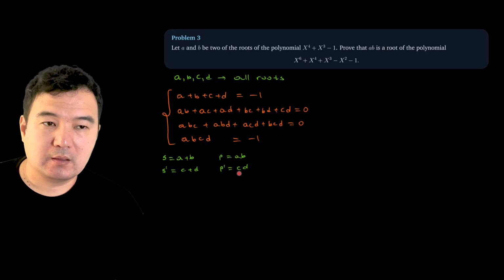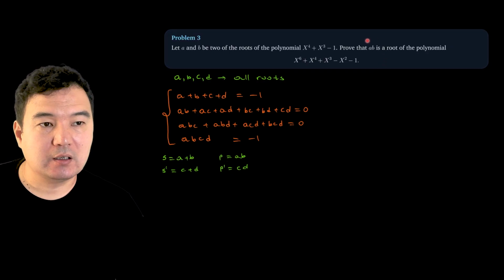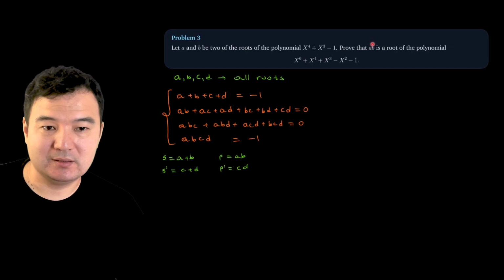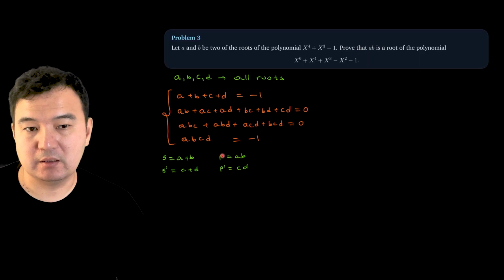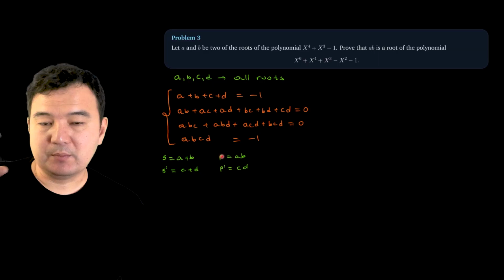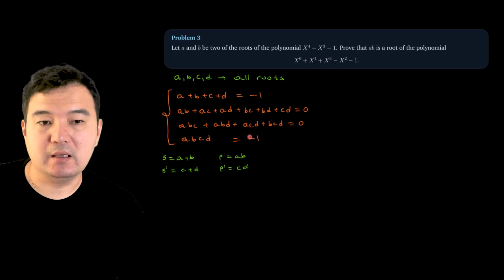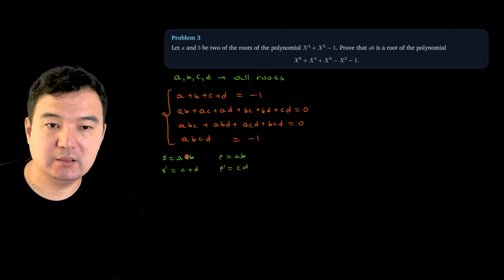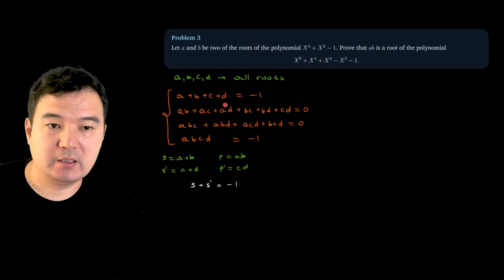The reason for introducing these numbers is I want an expression where one of the variables is exactly equal to ab. So that's P. I'll try to get some relation in terms of P, because P is ab, right? So let me rewrite these 4 equations in these terms. The first one is going to be S plus S prime is -1.